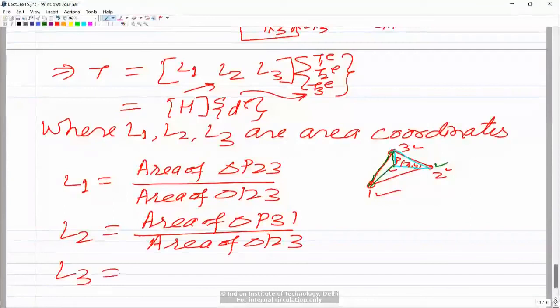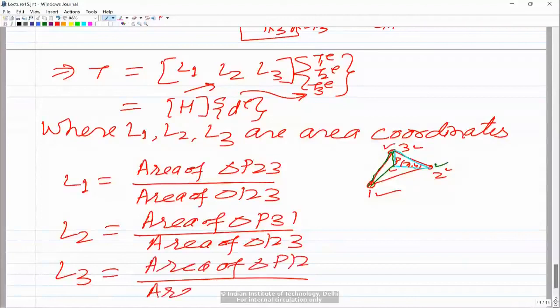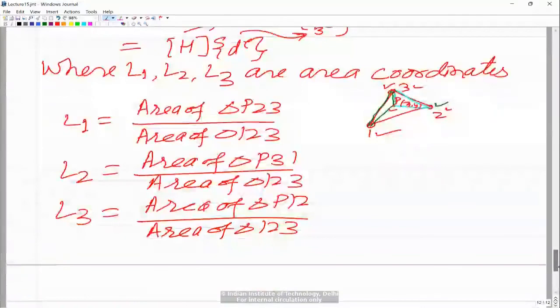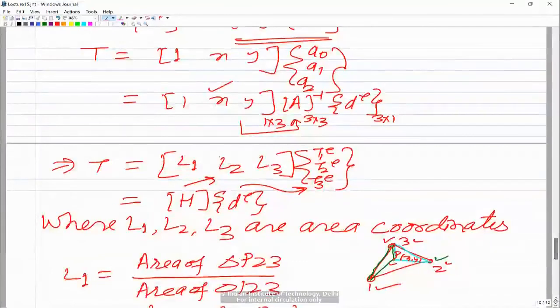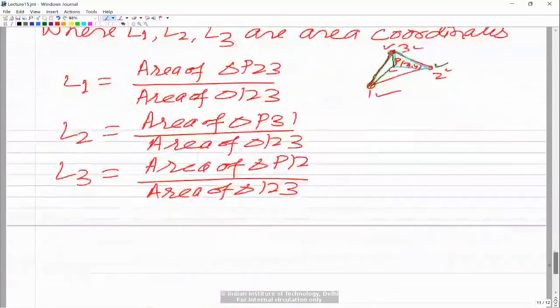Similarly L3 corresponds to node number 3, and the triangle in front of that is P12, so L3 is the area of triangle P12 divided by the area of triangle 1, 2, 3. That is why they are known as area coordinates, because they are ratios of areas. Although they come from multiplying with capital A inverse, they come out as these ratios L1, L2, L3 as defined here.